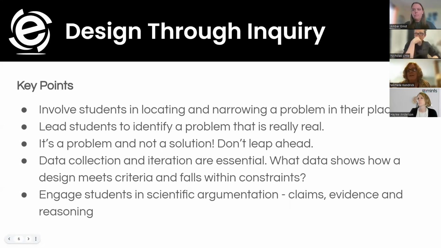So, for example, saying we want to build a ramp out of our school so that students can go to our ag building and be accessible to that building so everyone has access to it is a solution. Making our school more accessible is the problem. So you have to be careful that you're opening it up to multiple solutions.